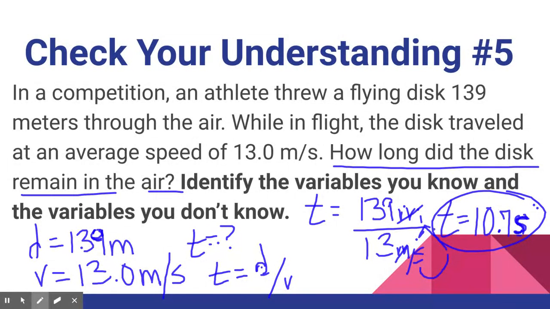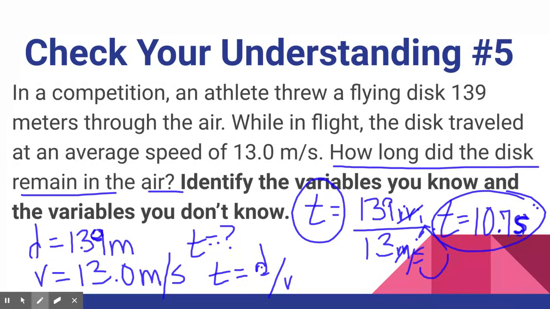That's the technical way. What you really could think of is, I'm solving for time. My units here are meters and meters per second. I should be left with seconds. That's what makes sense. I cannot be left with meters or meters per second because I'm solving for time.